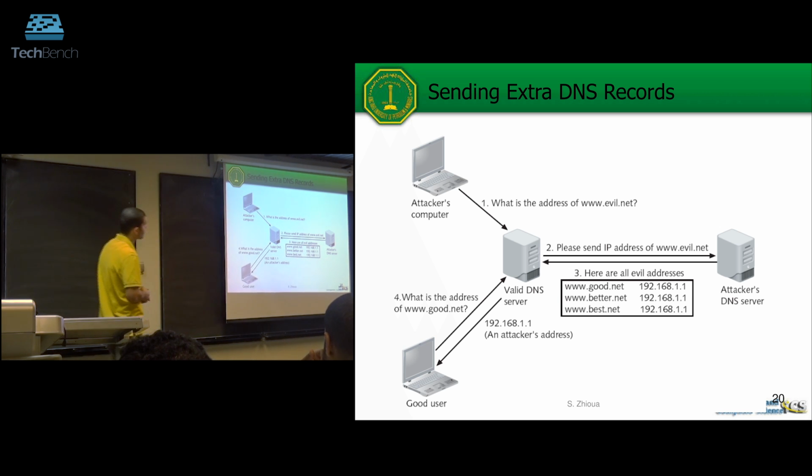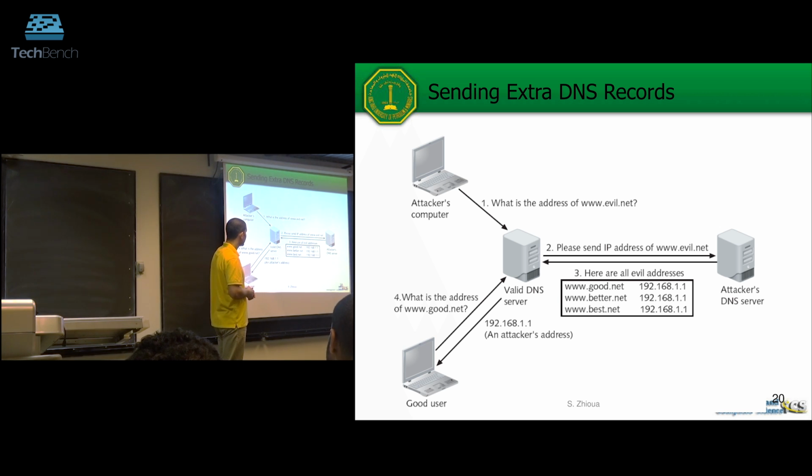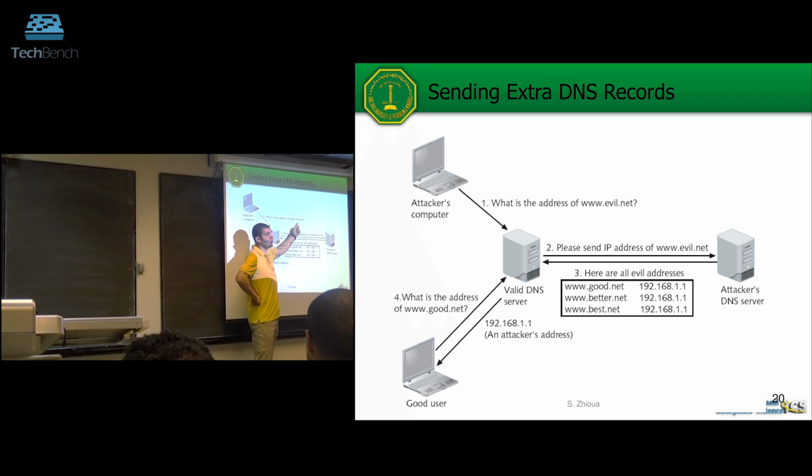How will the attacker make the valid DNS server contact it to request the IP address? Here, this is the attacker's computer. It is contacting the same DNS server and forcing that DNS server to ask for the IP of this event.